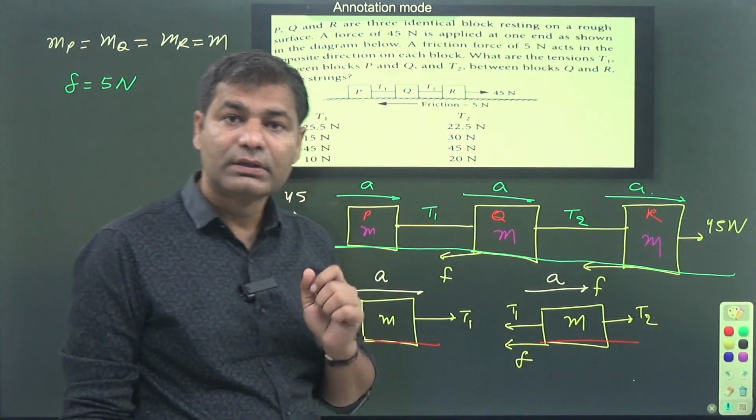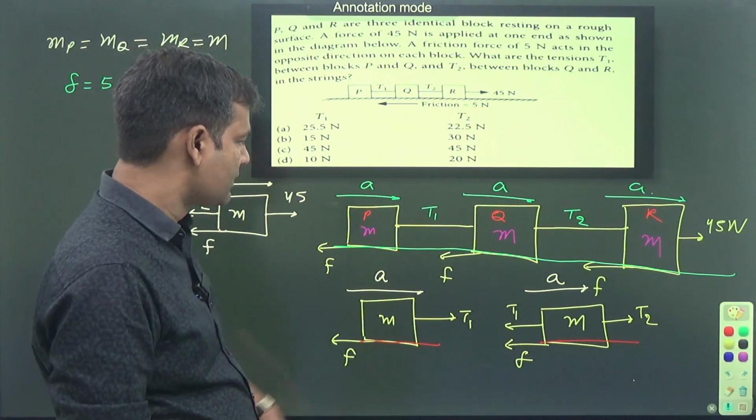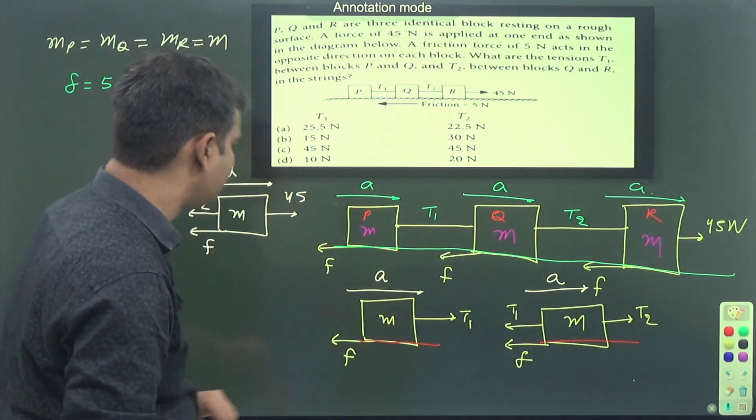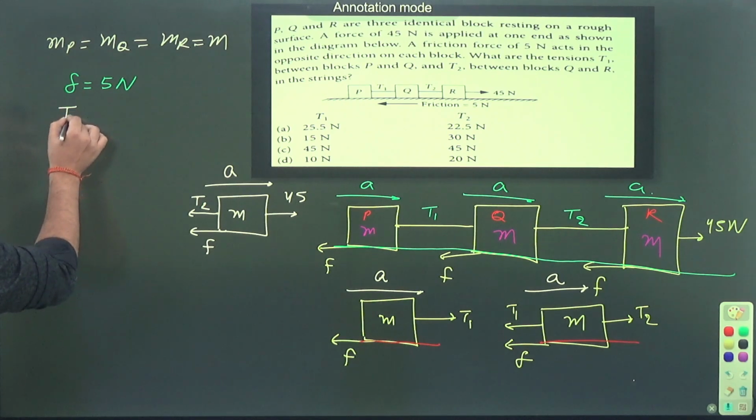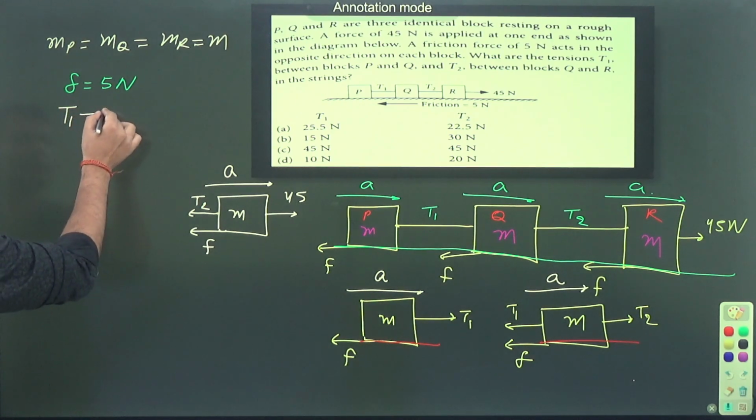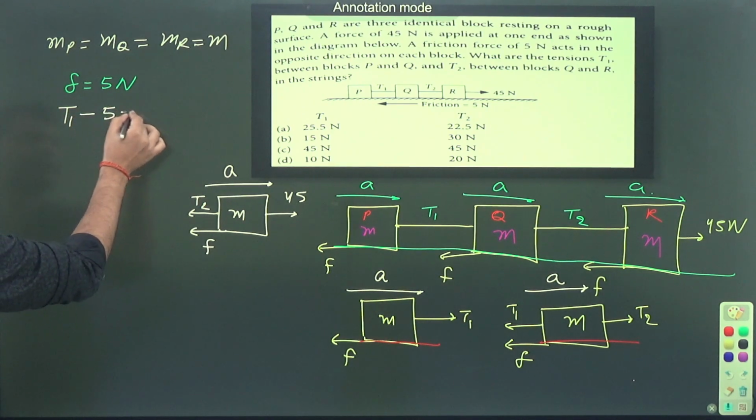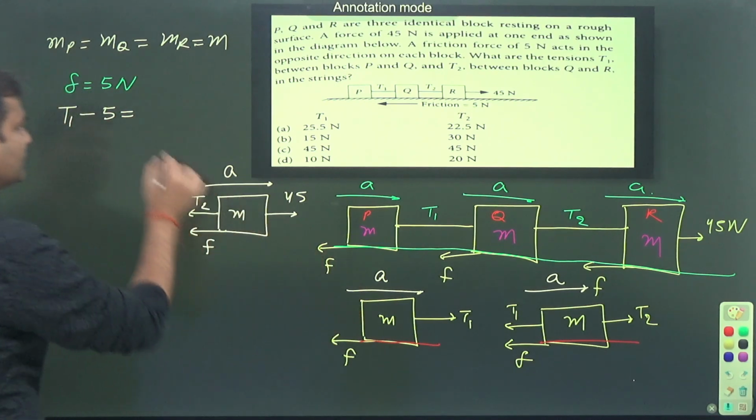Clear or not? Now next target. T1 minus F, where F means 5 Newton, equals mass into acceleration.